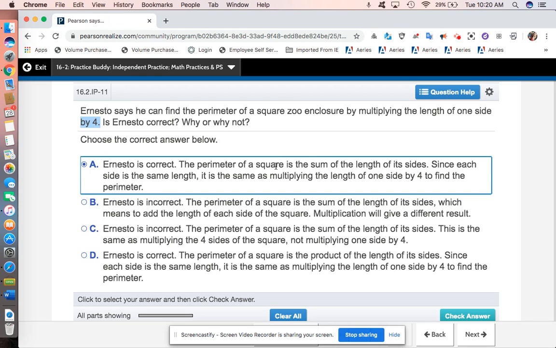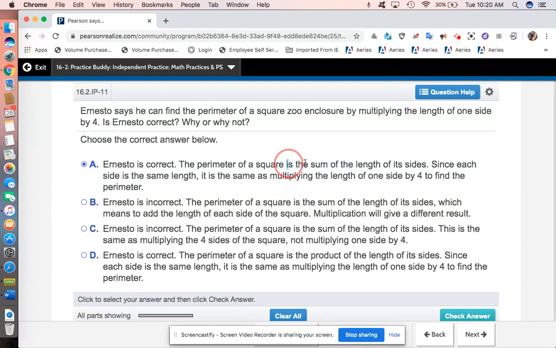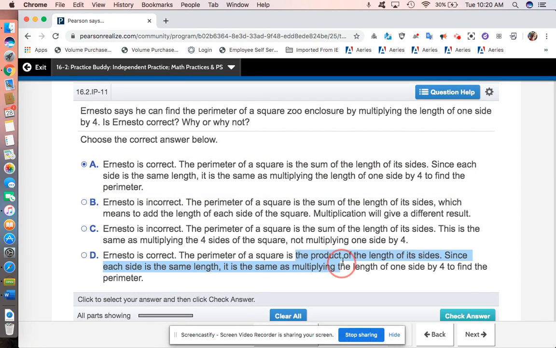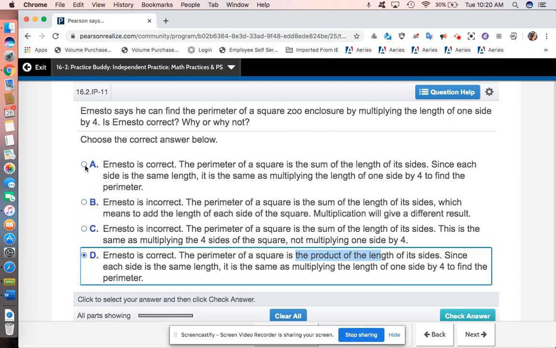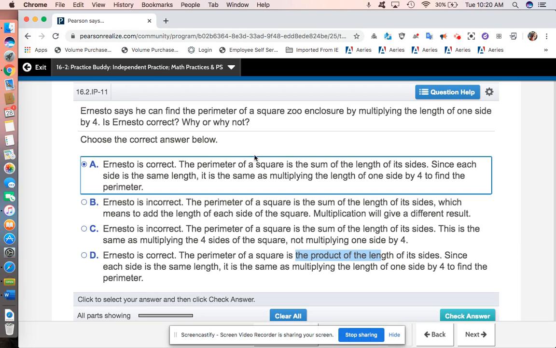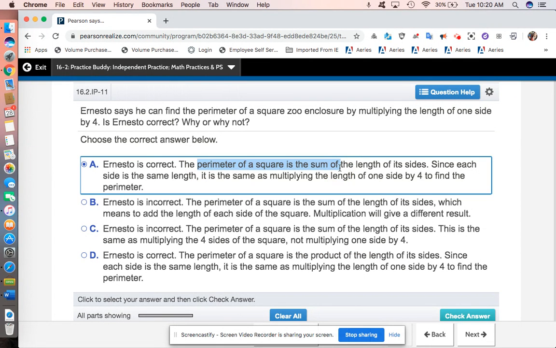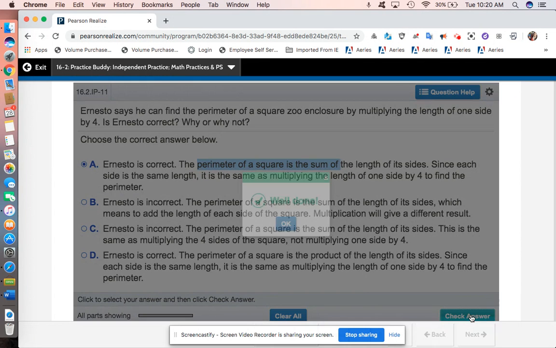The perimeter of a square is the sum of the length of the sides. That's what makes this one correct. D says Ernesto was correct, but this word right here, the product, that's what makes D wrong. It has to be A because the perimeter is the sum. That's what makes it correct.